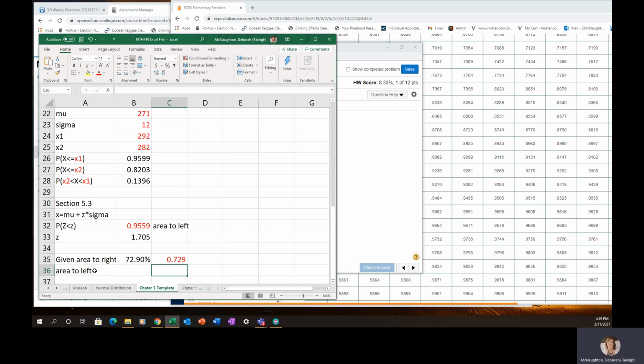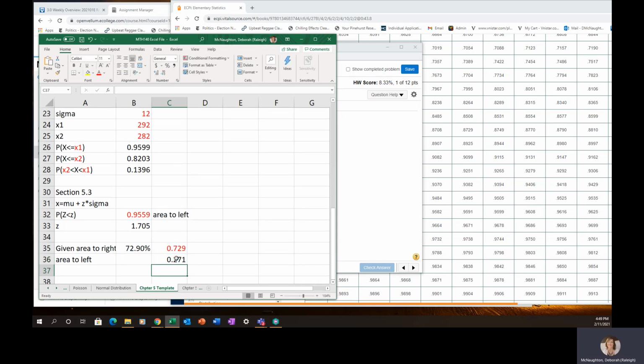The area to the left equals 1 minus this area. So the area to the left is 0.0271. Now that I have the area to the left, I can use this formula.